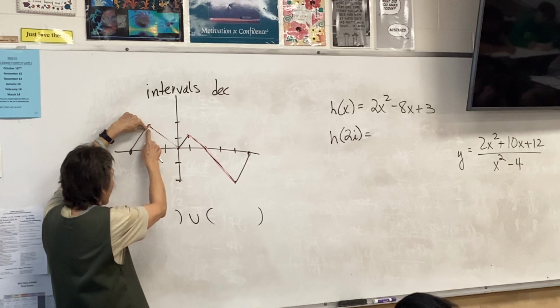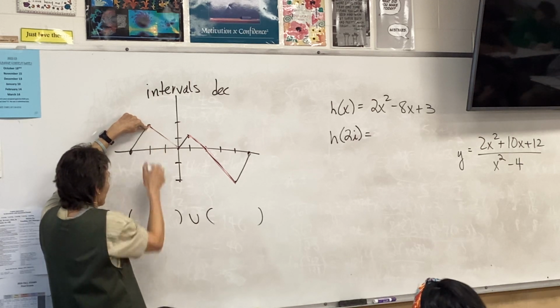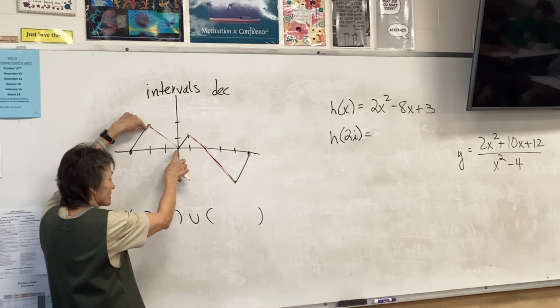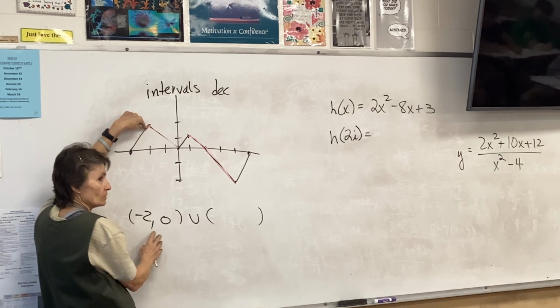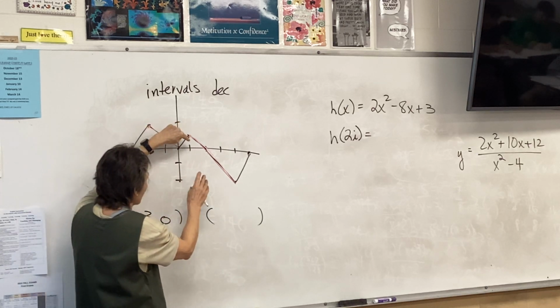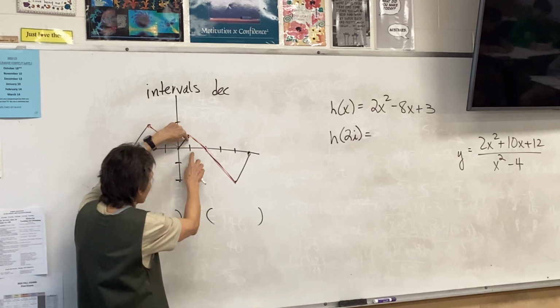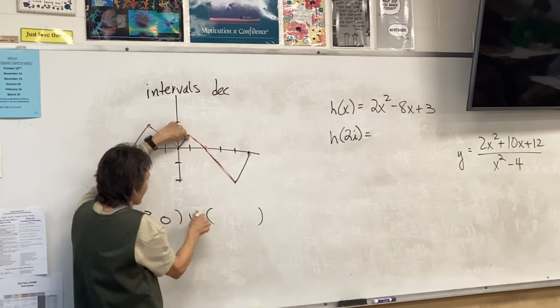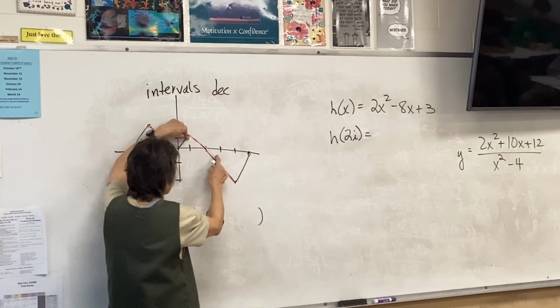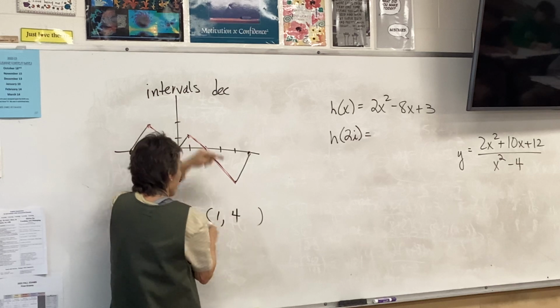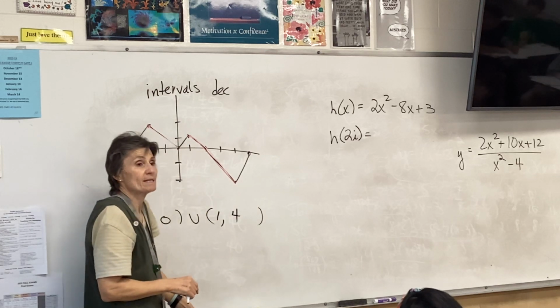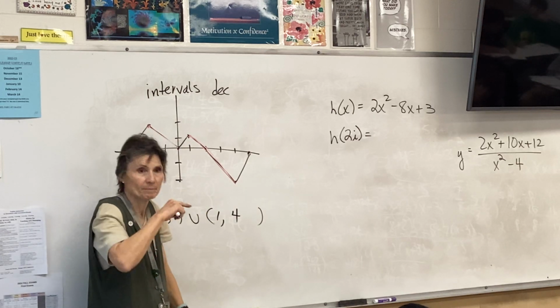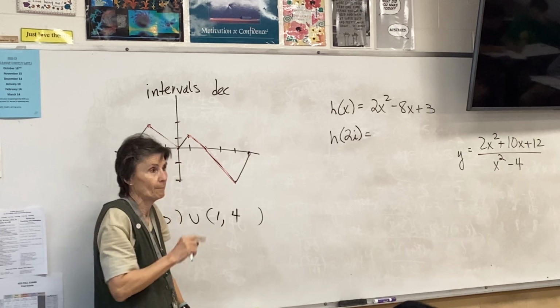So what is the x for this? What is the x for this? There's your first interval. All right, over here. What is your x for the beginning of this right here? And your ending. And that's it. If we were doing the increasing intervals, we would be looking where our pencil goes up.